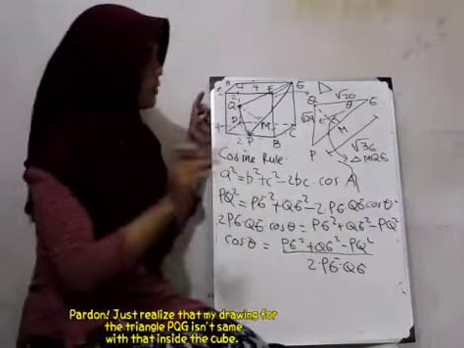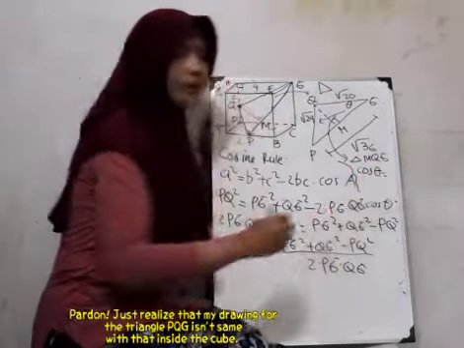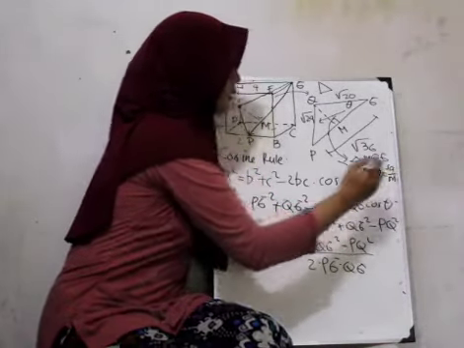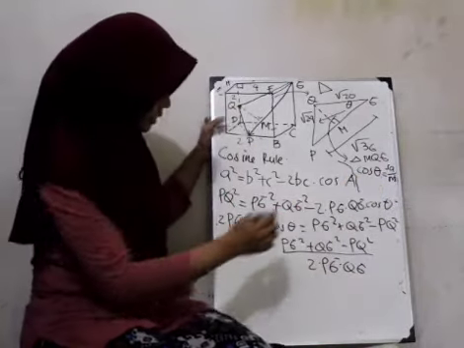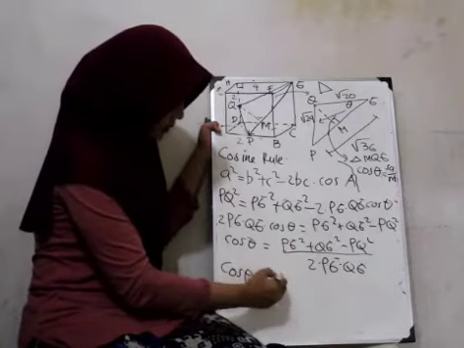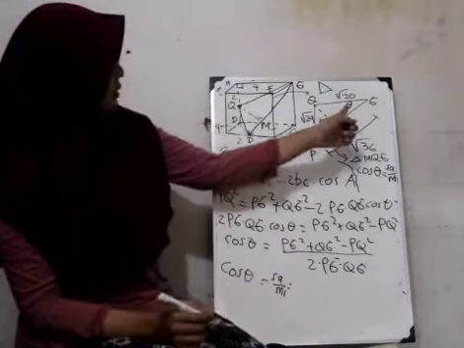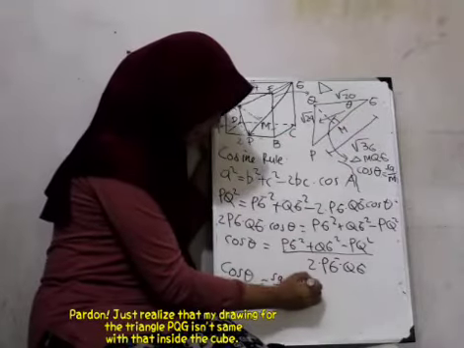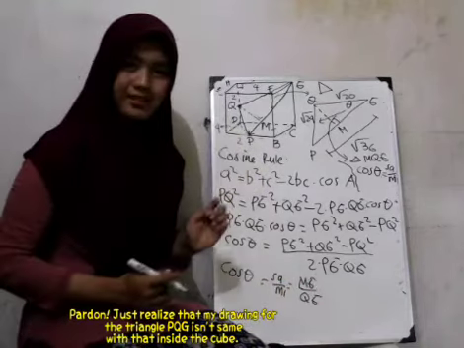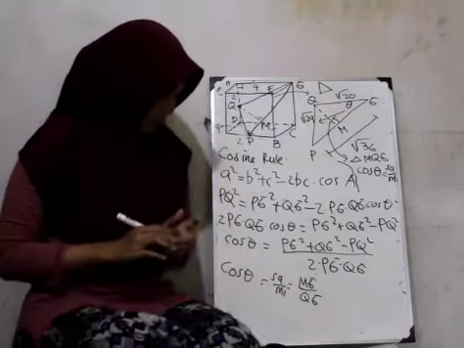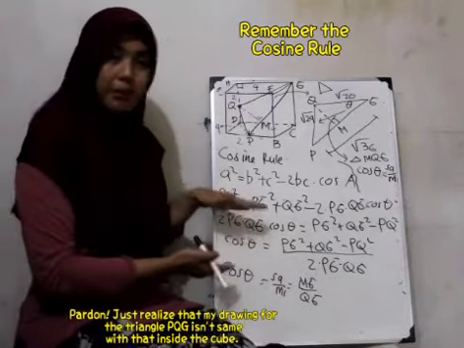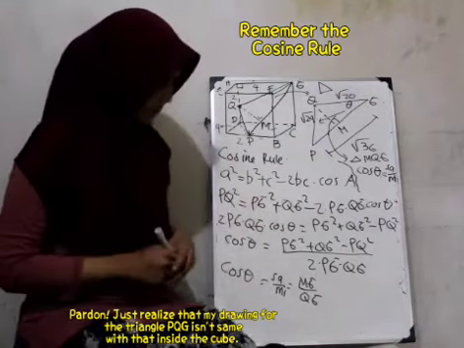Cos is samping over miring in Bahasa Indonesia, so I will just write it here. We also have cos theta equals adjacent over hypotenuse, where the adjacent is MG and MG over QG. We get the two results of cos theta, so they must be equal. Get it?